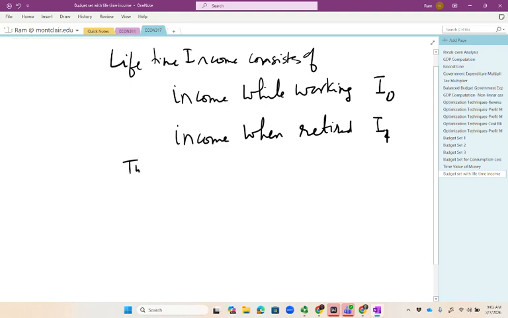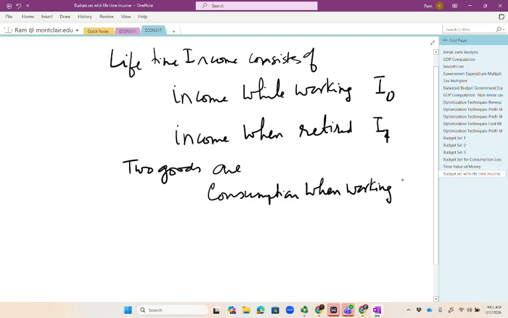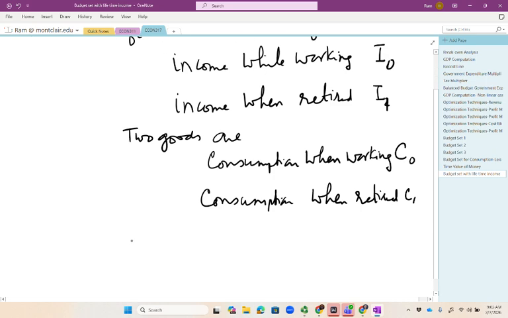So two goods here are consumption when working, I will use notation C0, and then the second good is consumption when retired, and I will write it as C1. Okay, so let's look at a numerical example.